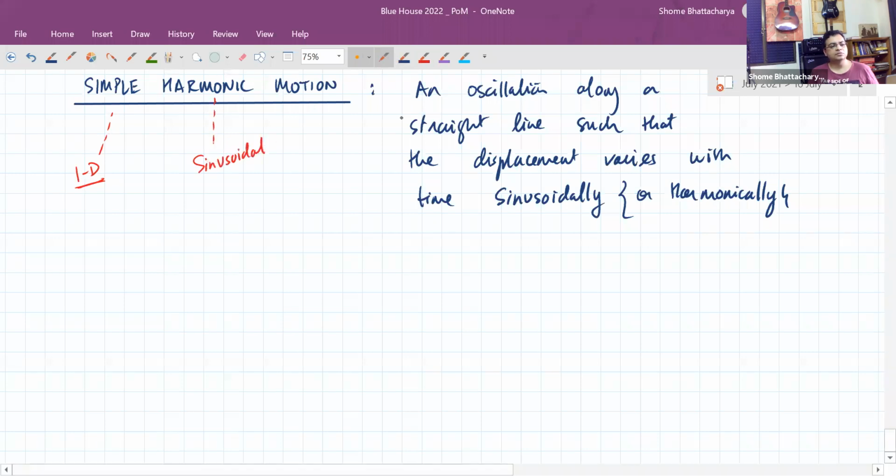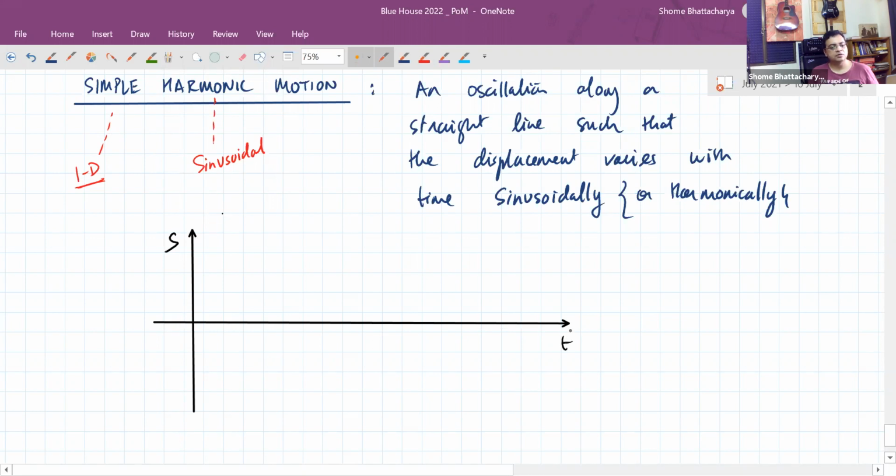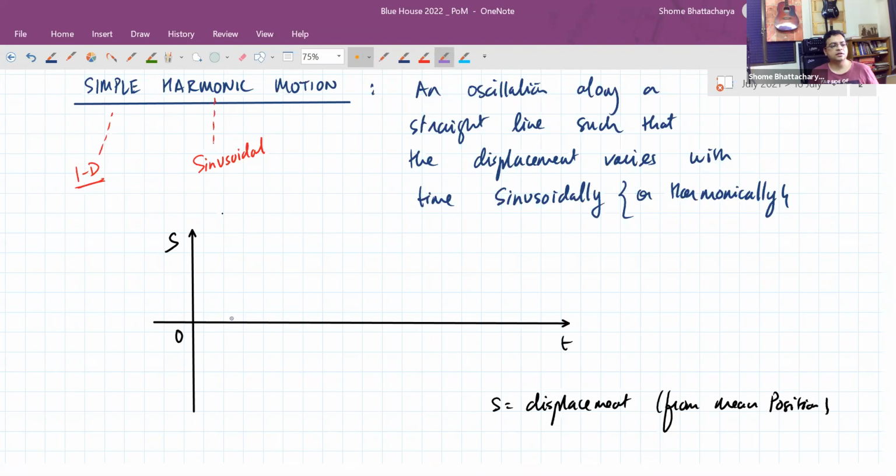So in very simple terms, if you look at the displacement from the mean position as a function of time, it should be like a sine wave. So if this is displacement versus time, where S is displacement from mean position, that should look like a sine graph.